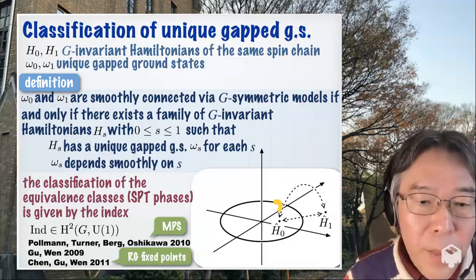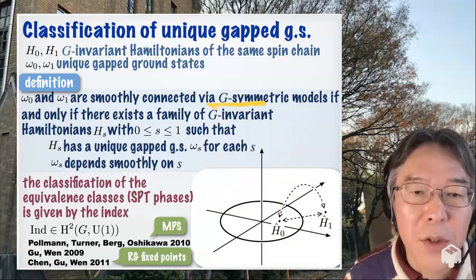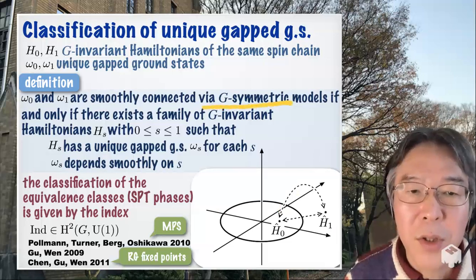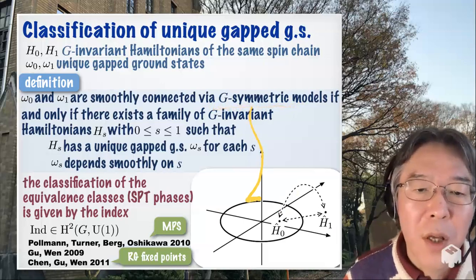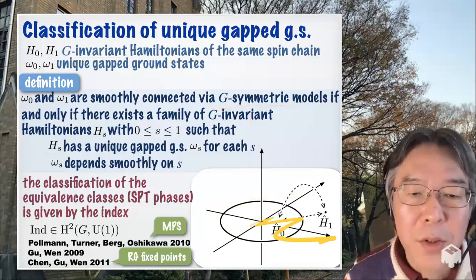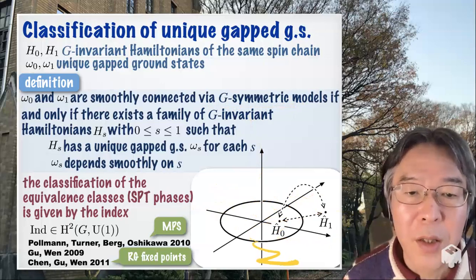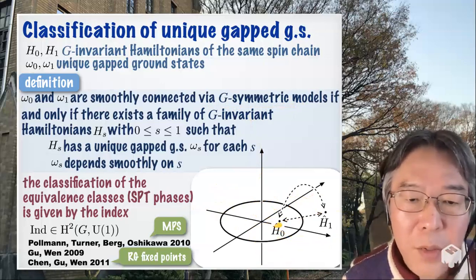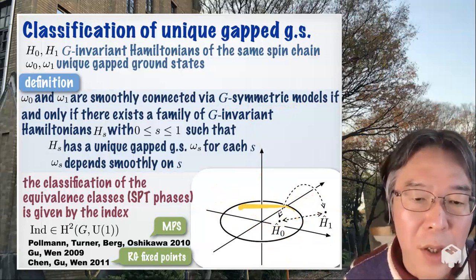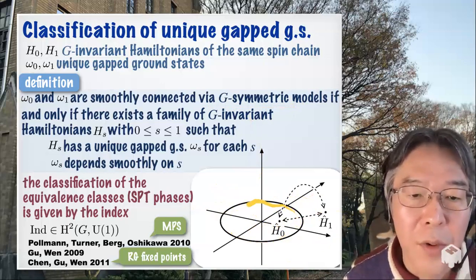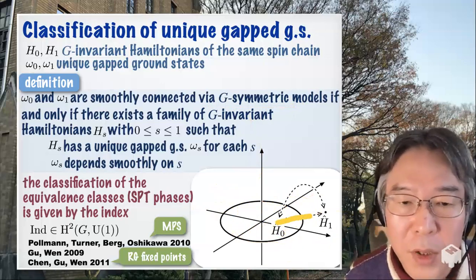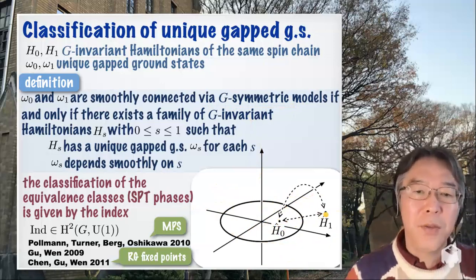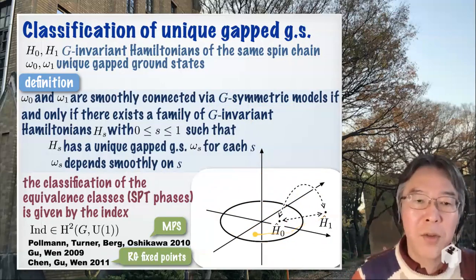But if we restrict ourselves to models which have G symmetry, which are invariant under the transformation induced by G, then we restrict ourselves to this plane. In this plane, if we want to connect H0 and H1, you always must go through this line. Suppose that this is a line formed by gapless Hamiltonians. So you have to go through this gapless point anyway. So you must have a phase transition in between H0 and H1.